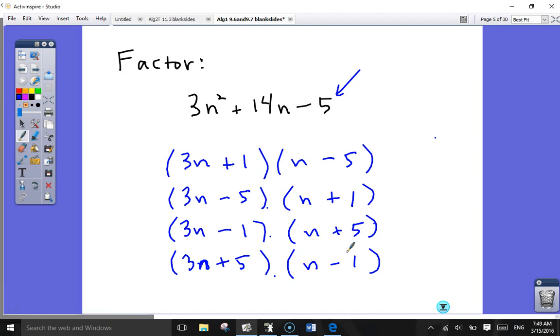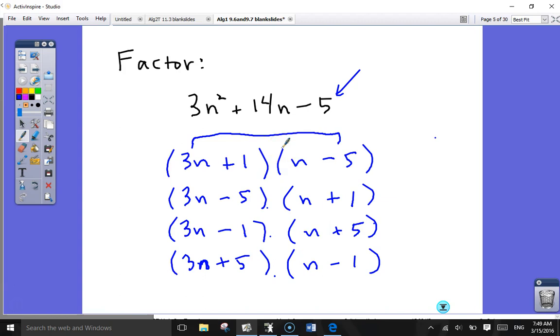Can you see it? In terms of FOIL, you really only need to do the O and the I. Which one of those, if you do the outer terms and the inner terms, add up to 14n? Let's see, this first one, if you do the outer terms, you get negative 15n plus 1n.